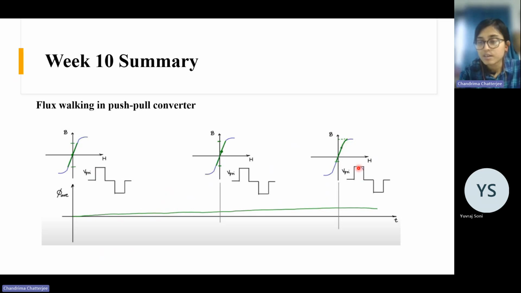So there will be some drop in the induced voltage, right? Because now the slope has reduced here. It is in the saturation region. So it may cause problem. The converter will not work if the core is saturated.